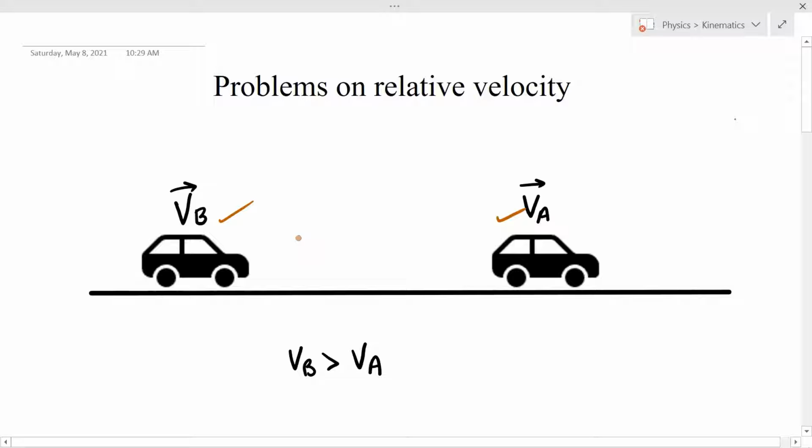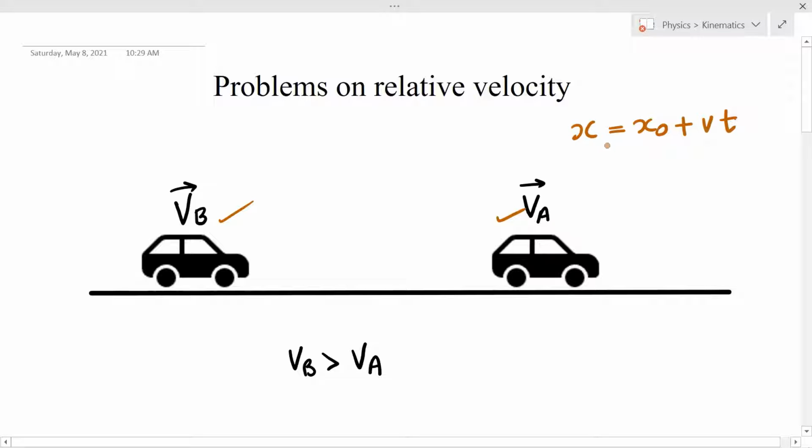Now these problems we have already solved in the meeting point problem video, but we used this equation, that is x, the final position, is equal to the initial position of the object plus v into t, where v is the velocity and t is the time interval.